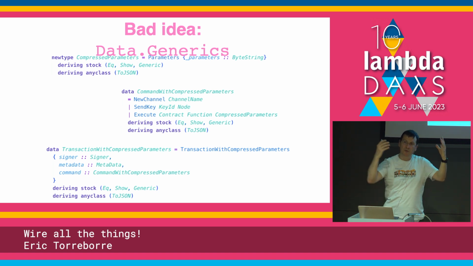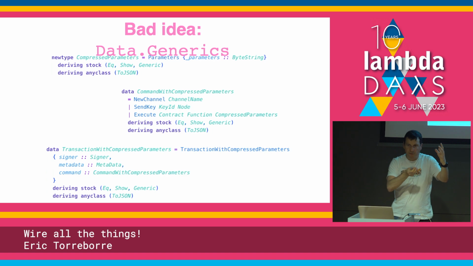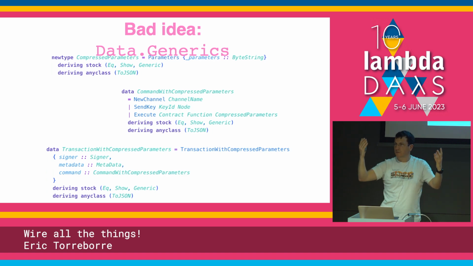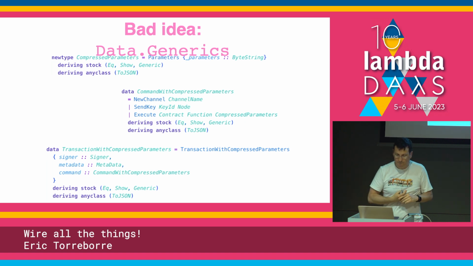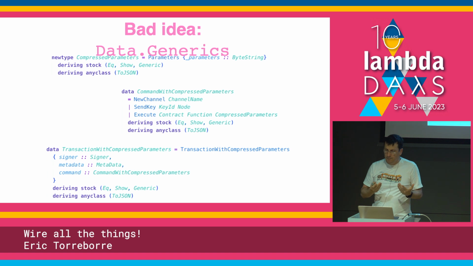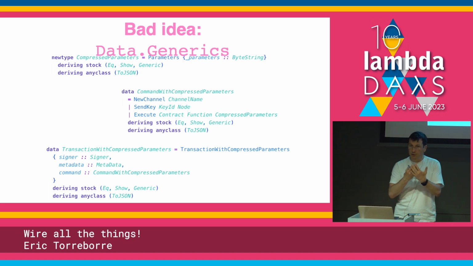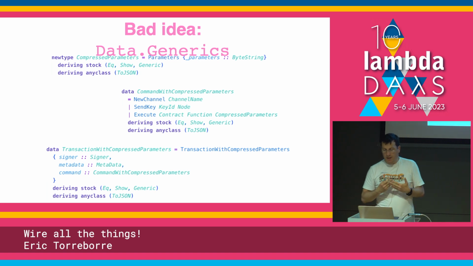So if you start by modifying something at the bottom of your graph, it spreads to almost the rest of the whole data model, maybe 80% in some cases. So in that case, generics and new types don't really help us solve this problem of how you can evolve your data model in correspondence to your serialization instances, because the two are very much coupled. So what do you do?